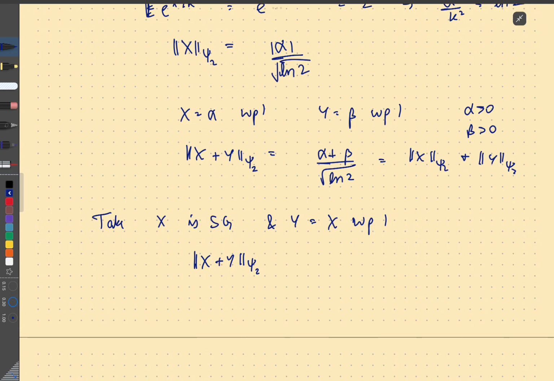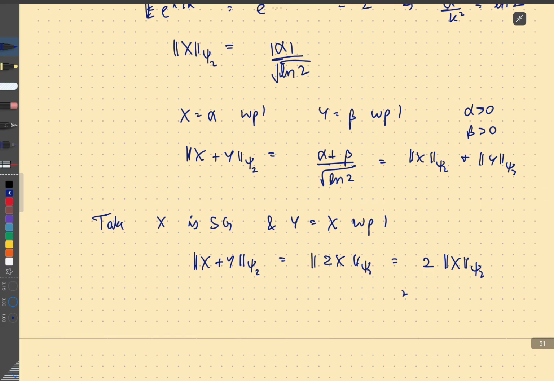Right? So what is the Subgaussian norm of x plus y? It's the Subgaussian norm of 2x, which we know is 2 times the Subgaussian norm of x, which is equal to the Subgaussian norm of x plus the Subgaussian norm of y.